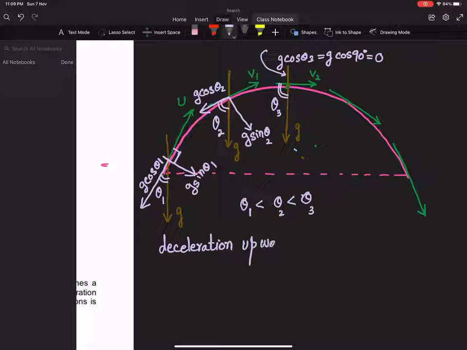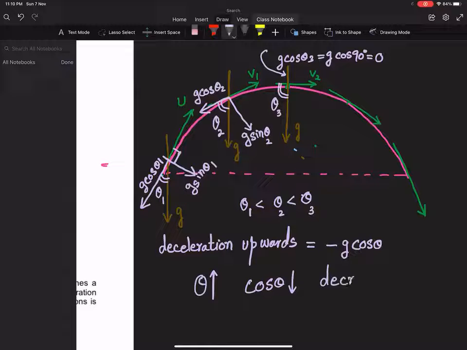Now, the deceleration that we are getting in the upwards motion, it is negative g cos of theta, and in the upwards motion, theta is increasing. What is theta? Angle between velocity and acceleration due to gravity. And cos of theta is obviously decreasing. So in the upwards motion, we have decreasing deceleration.